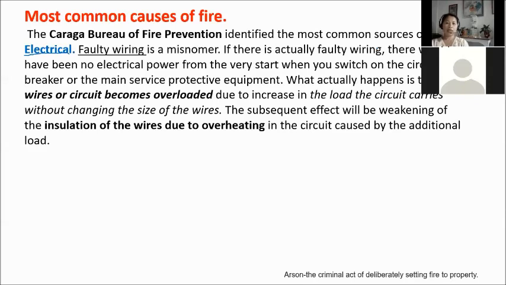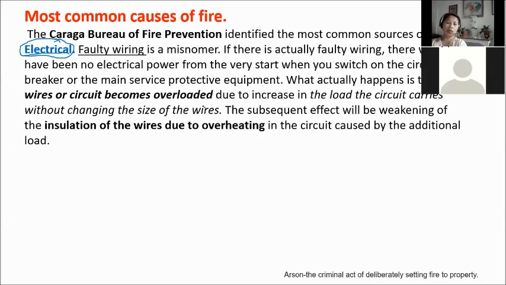So what actually happens is that the wires or circuit becomes overloaded due to increase in the load the circuit carries without changing the size of the wire. So may mga standard kasi na kinakailangan sa house wiring. At kung hindi yun masunod, like for example, kailangan ng makapal na wire pero siguro kapos sa budget, gumagamit ng smaller diameter wire, no?